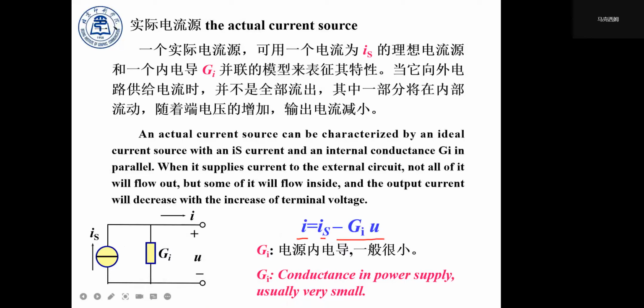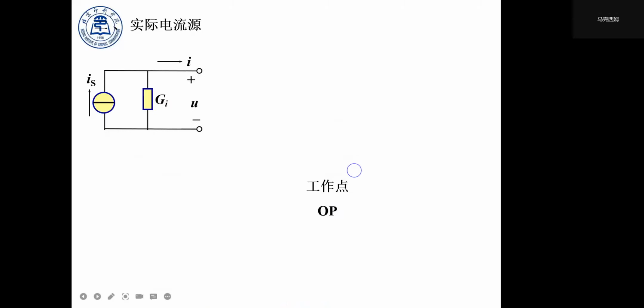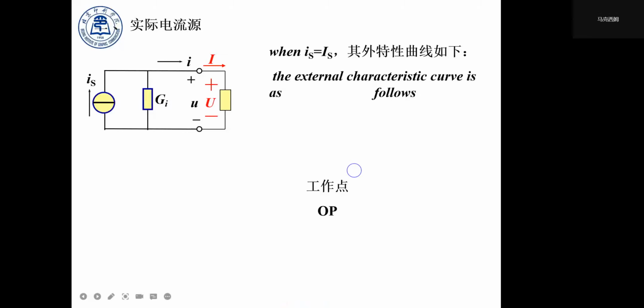So sometimes we just neglect it, but to represent an actual current source, we have to leave it here. We can calculate its characteristic curve by listing the relationship between the outside current and the current source.